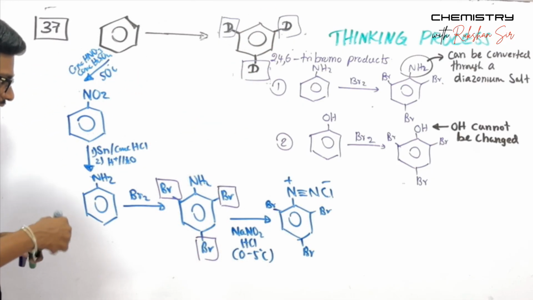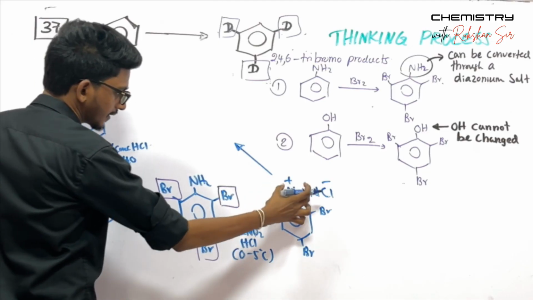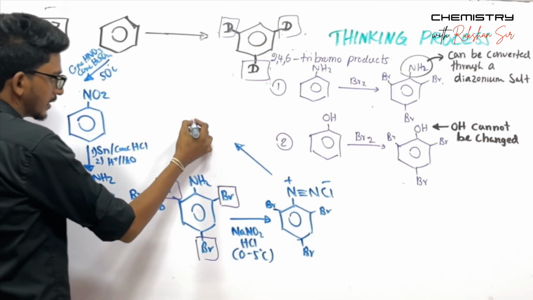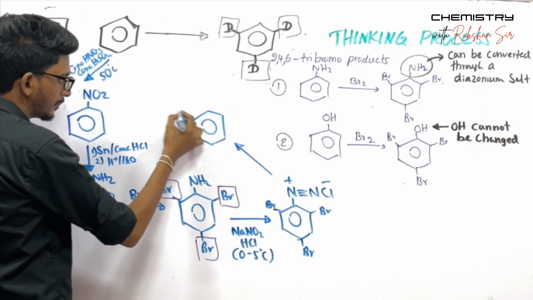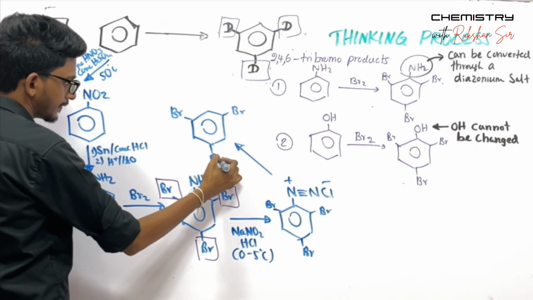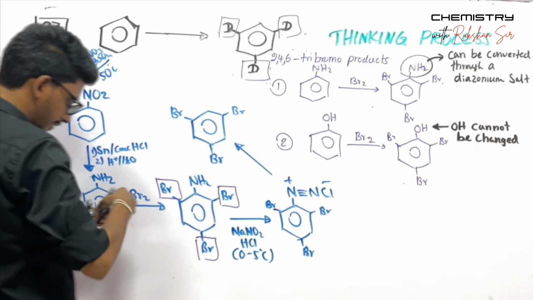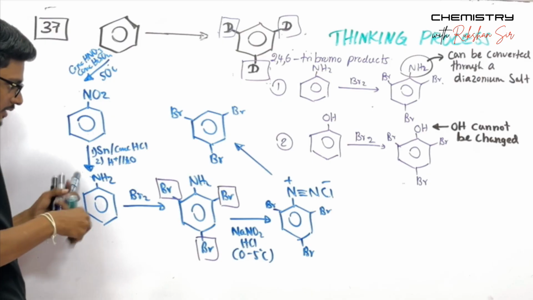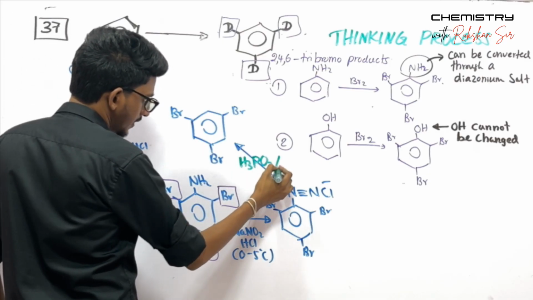First convert this one, let's remove that thing and come up with a kind of benzene. How can this be done? This can be done by H3PO2 and heating.